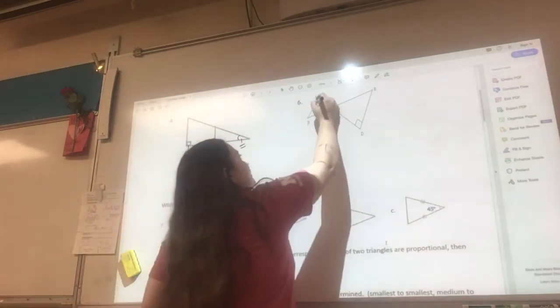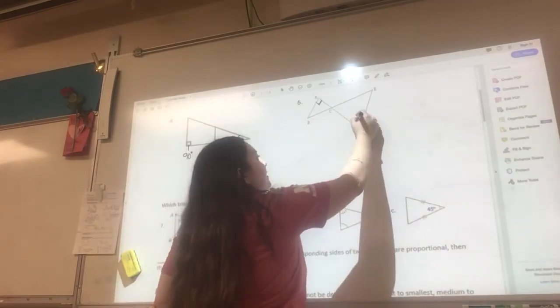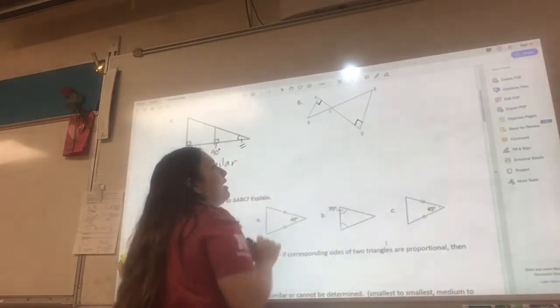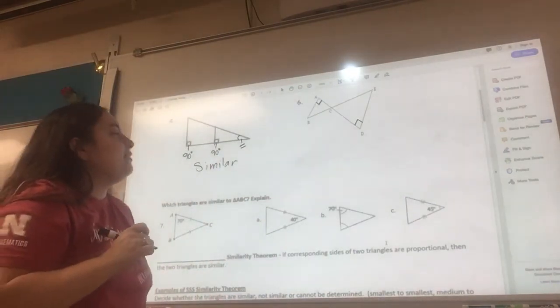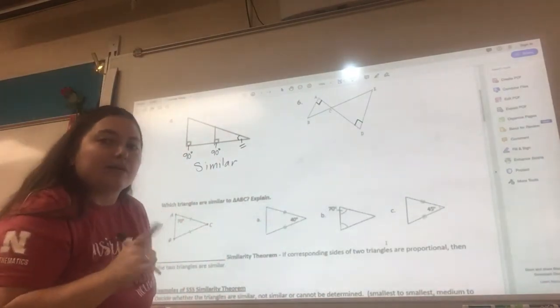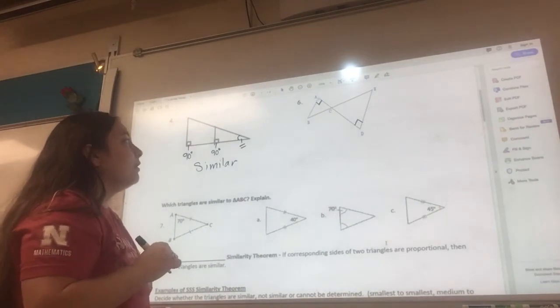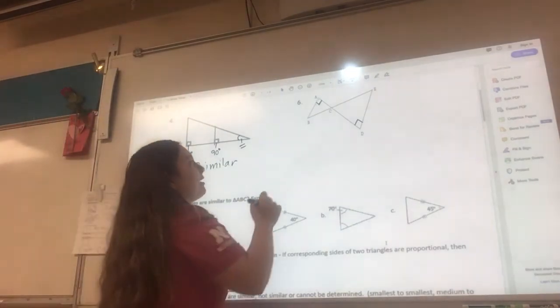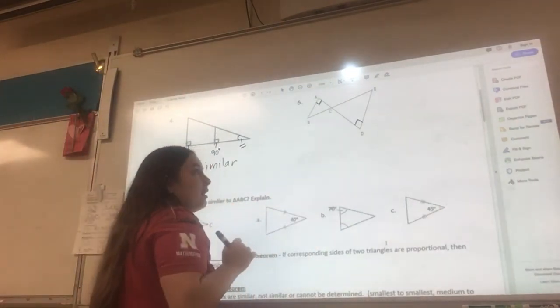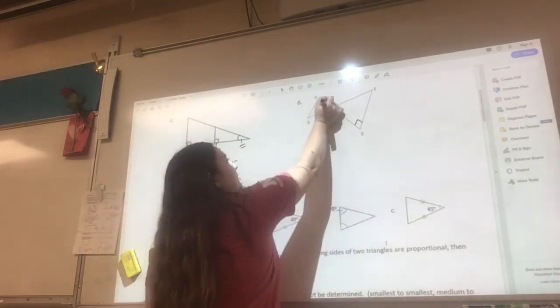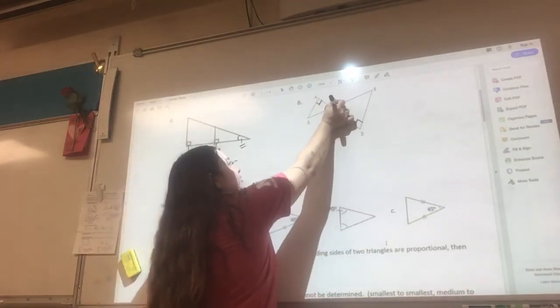Once again, we've been given that angle A and angle D are 90 degrees, so we already have one down. We need to determine: is there another angle they share? If we remember back to our last few units, we have done the vertical angle theorem.